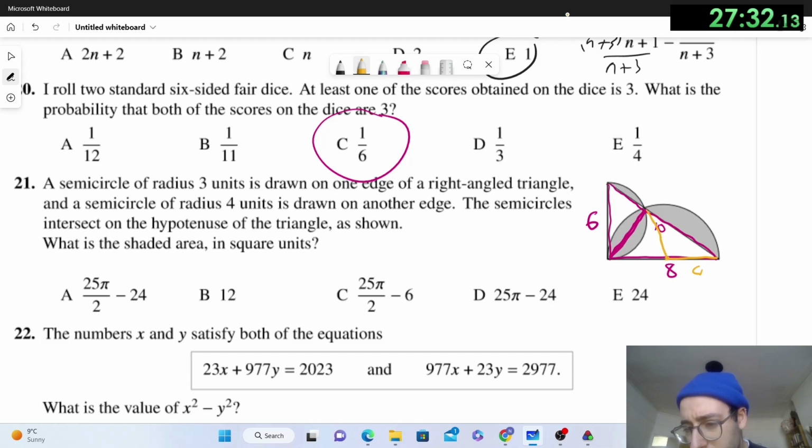This length is also 4. Yeah? That length is also 4. Yeah, and similarly, we've got a 3 and a 3. But I don't quite see how that helps us. I don't know the formula for... How do I find this angle? Cosine rule?